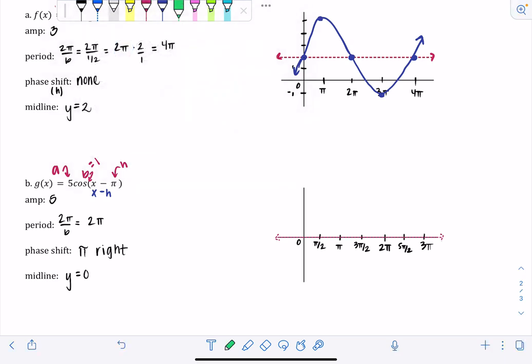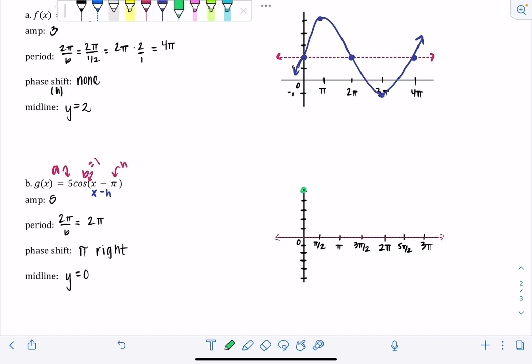So this is cosine. Oops, I need to scale my y-axis, but the amplitude is 5, so we'll go up to 5, and then down to -5. And then this is a cosine graph, so we'll start at a maximum. I'm not going to worry about the phase shift yet, so this is the graph without the phase shift. So we'll start at a maximum, at 0, 5, and then we end at a maximum at the end of the period, which is 2 pi.